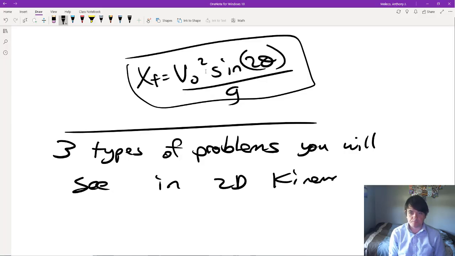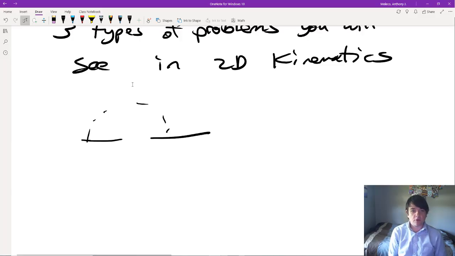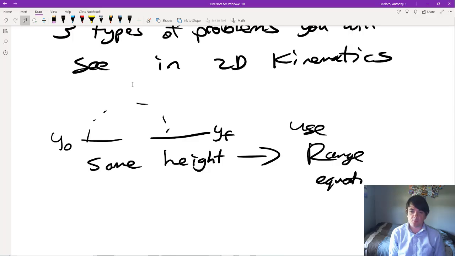You can really boil them down to just 3 kinds. There's this kind, where you're launching and ending at the same height. For these, use the range equation. These are the easiest type of problem for sure.